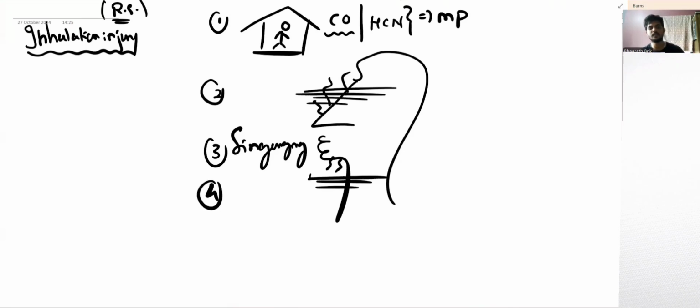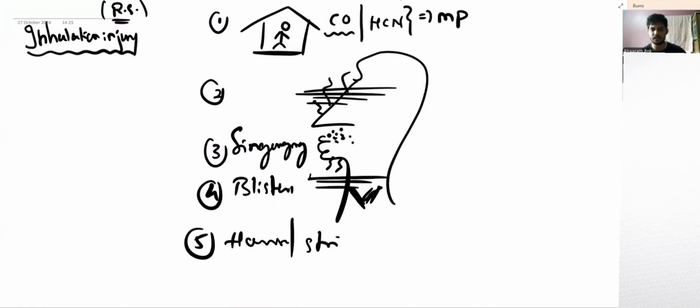Fourth, you examine the mouth of the patient; if there are blisters in the mouth, that is again a sign of inhalational injury. And fifth, because these can produce edema of the airway, if the patient has hoarseness of the voice or there is a stridor, again, this is an indication of an inhalational injury.